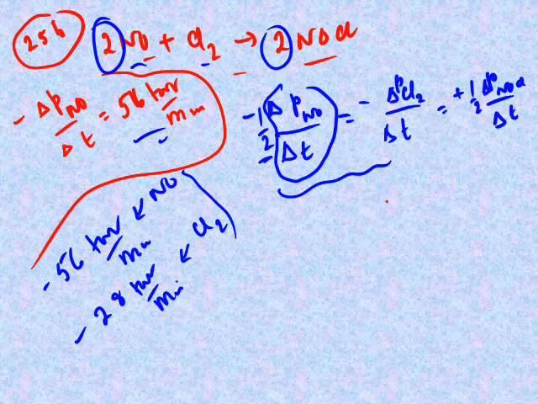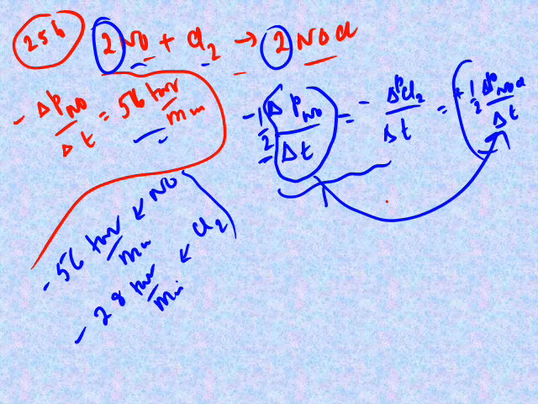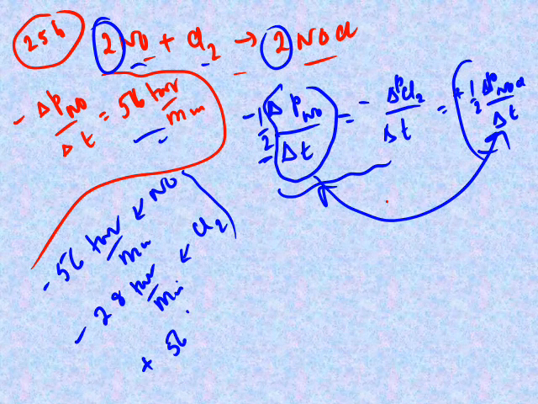Now, on the other hand, NOCl is formed at the same rate as the dissipation of NO. So it's going to be the same value. So it's the formation, half of NOCl, which would be equal to half of NO. So that means this is the same rate. Truly, NOCl and NO, the same rate. And that's plus 56 torr per minute.